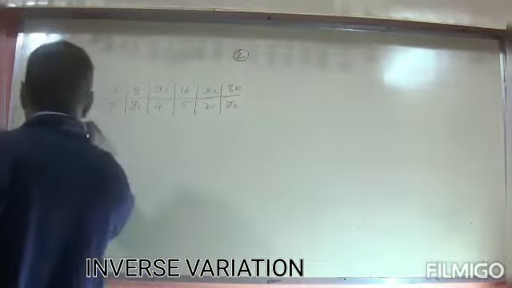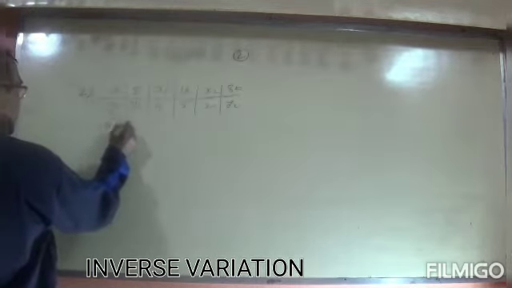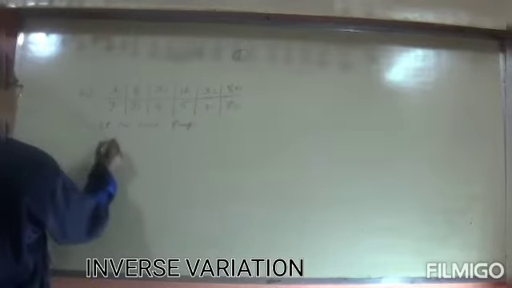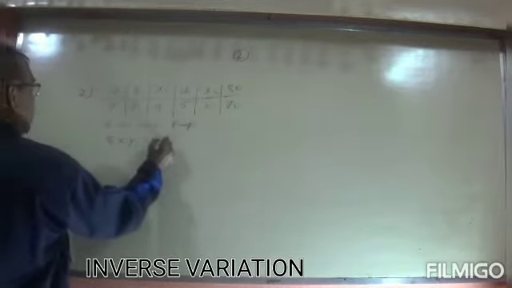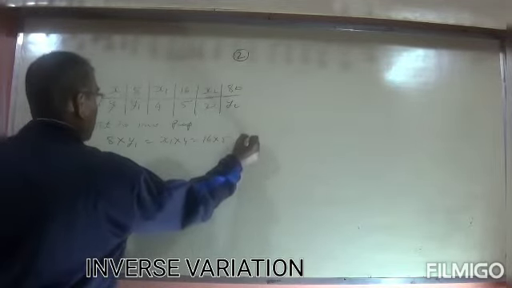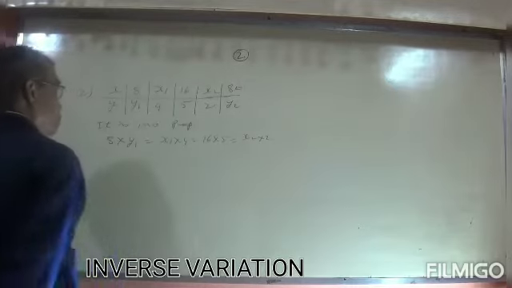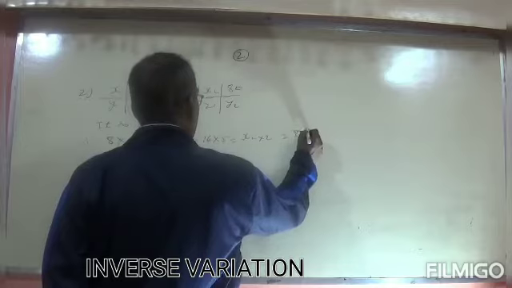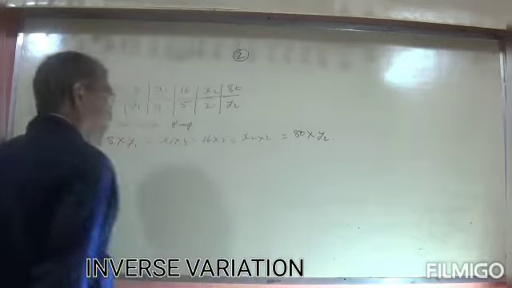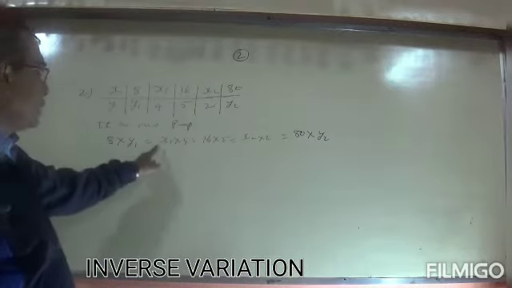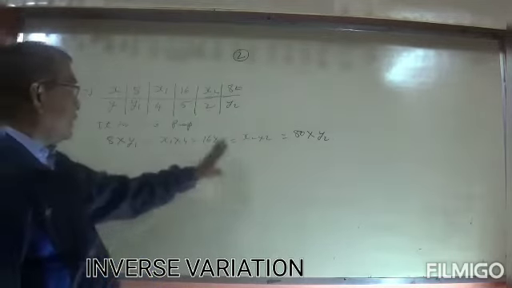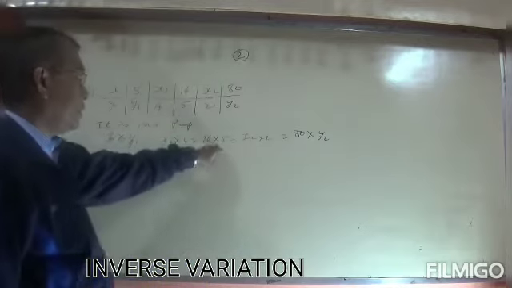Since it is inverse proportion, write the formula. x1 y1 is 8 into y1, x2 y2 is x1 into 4, and 16 into 5, and x2 into 2, and then 80 into y2. So you have to find y1, x1, x2, y2. Equate all these pairs with 16 and 5.